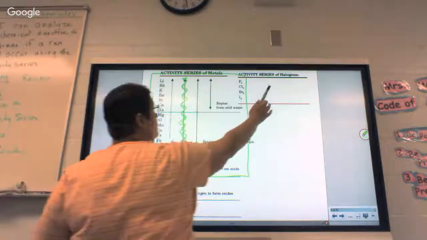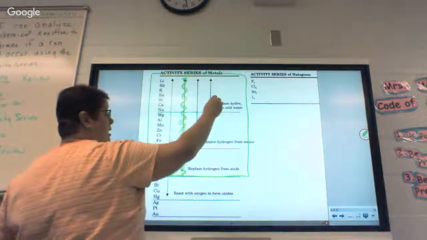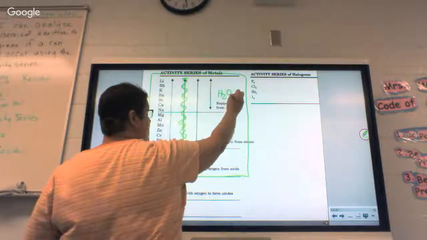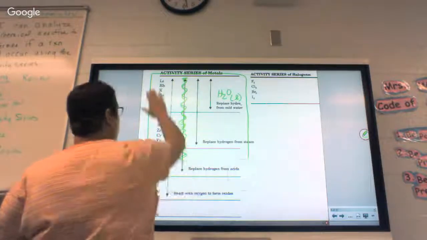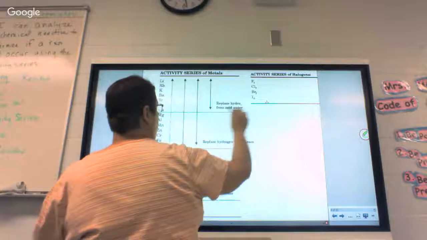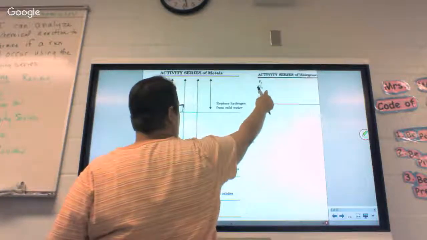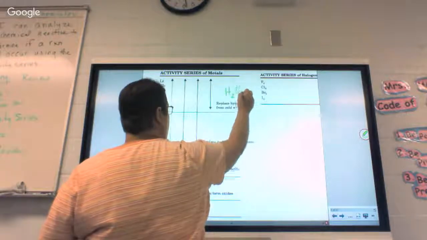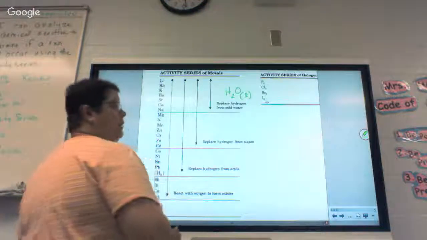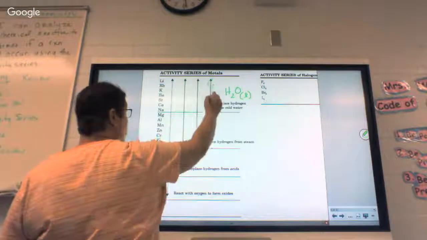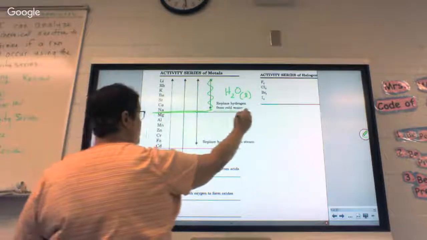This arrow right here is for water. If it says H2O is a liquid, you only read this section.